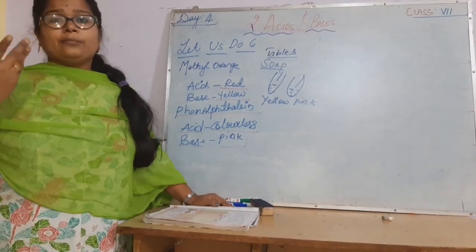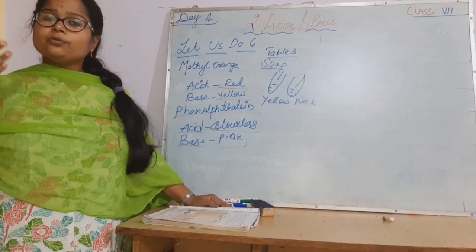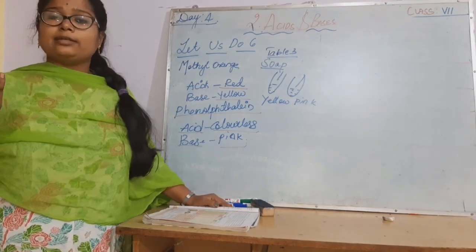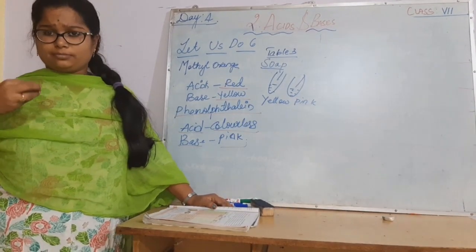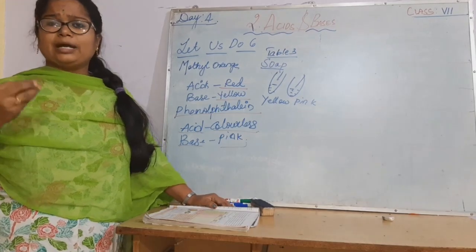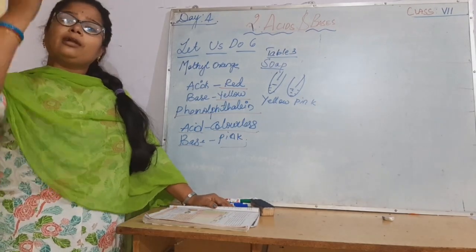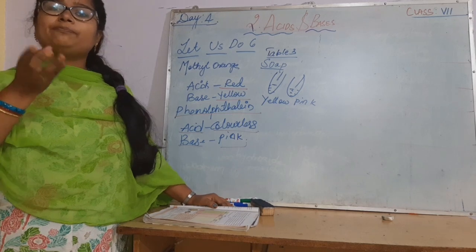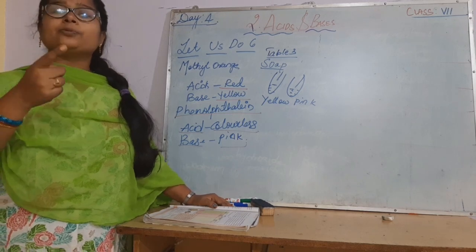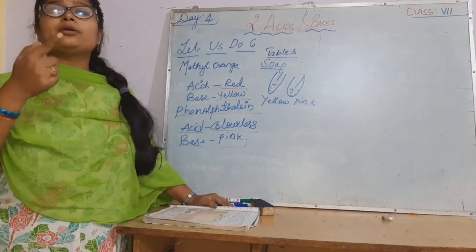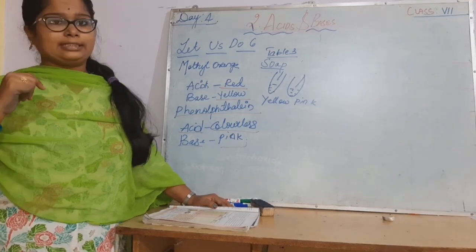And acids, bases, all you have learned, why is it used? If there are lemon pickles or mango pickles, you should not keep them in a metal container, because metal reacts with the acids.